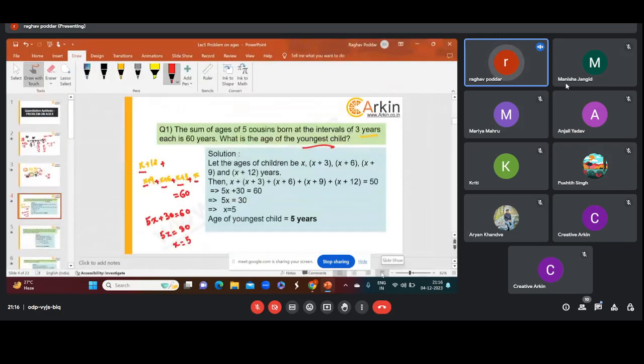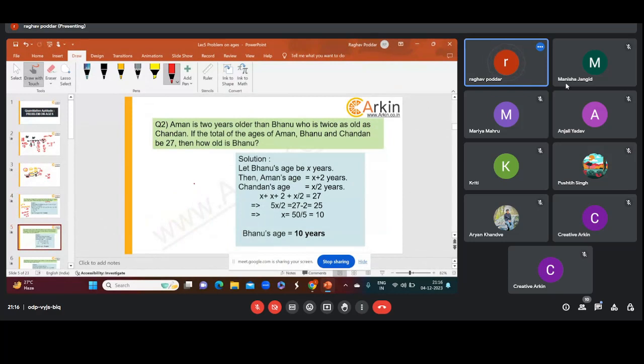Or what you can do, you can start in the opposite manner. That would be much easier. Suppose I take Chandan as x. So Bhanu, as I told you, whatever is written before 'who', I am talking about that.